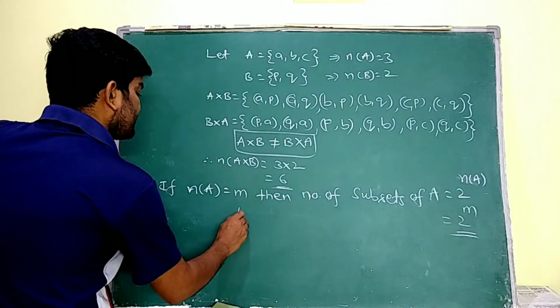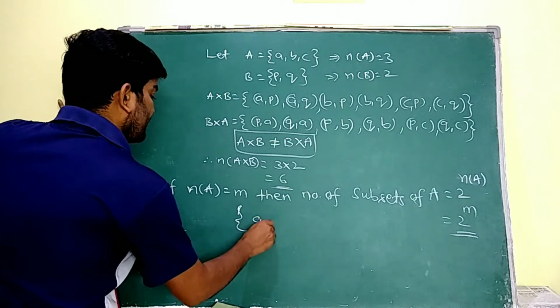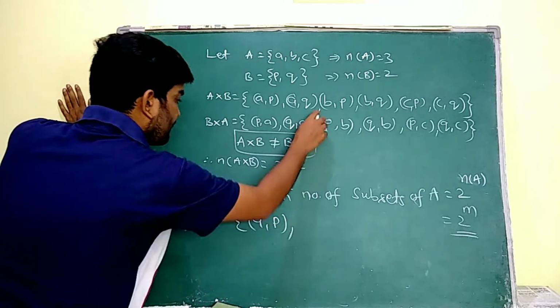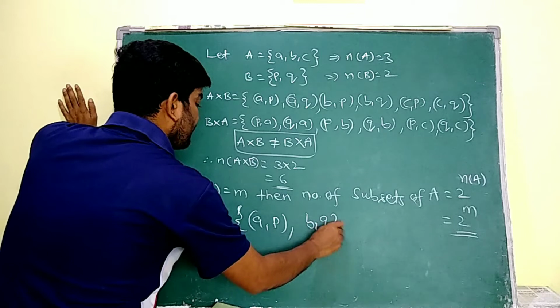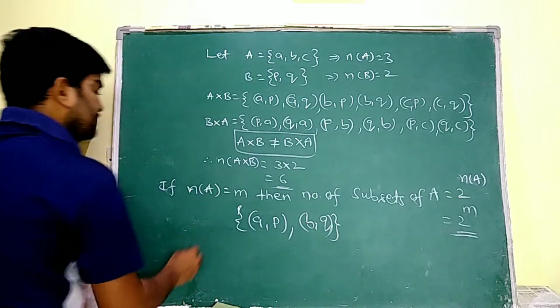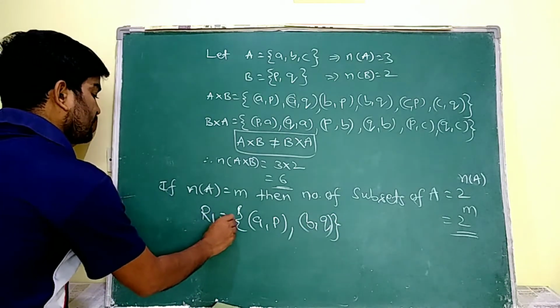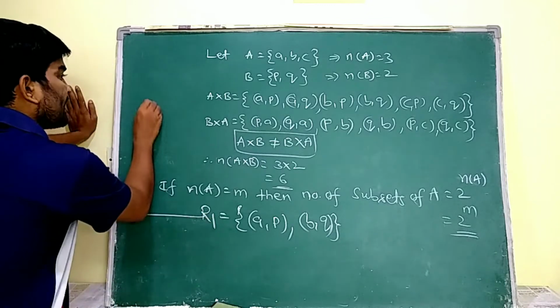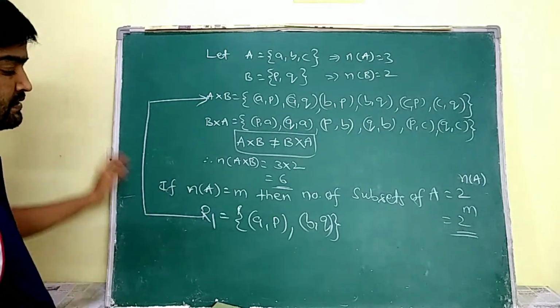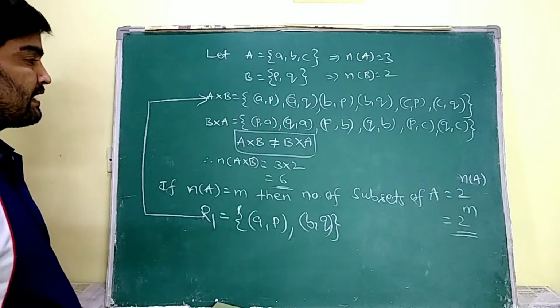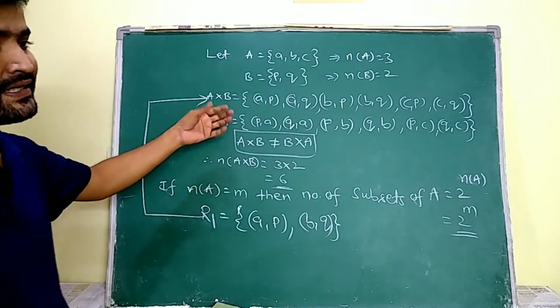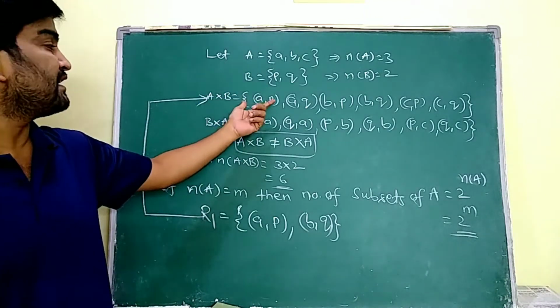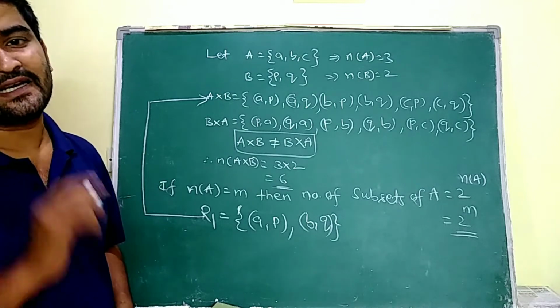If I am going to write {(a,p), (b,p)} as a set, let us take this one as R1. So this R1 is a subset of this A cross B, so it is a relation. Like that, if I take any subset of this A cross B, then that is a relation.